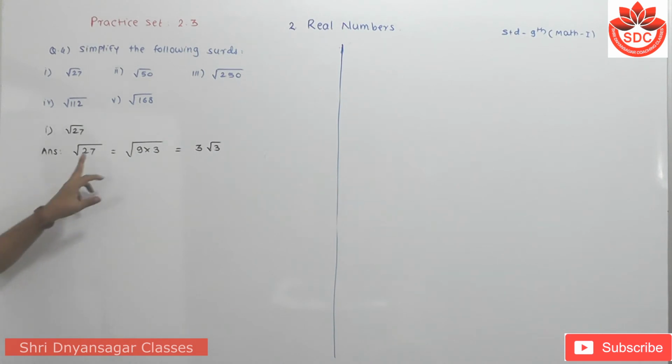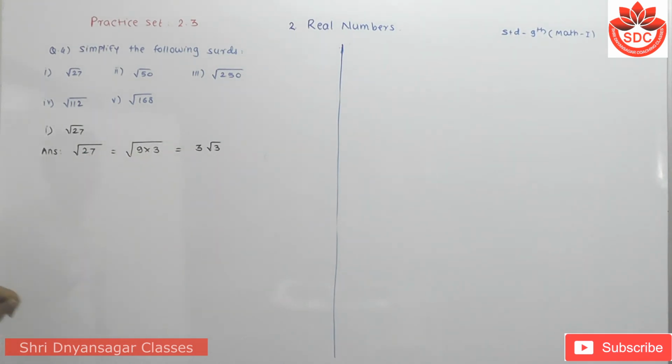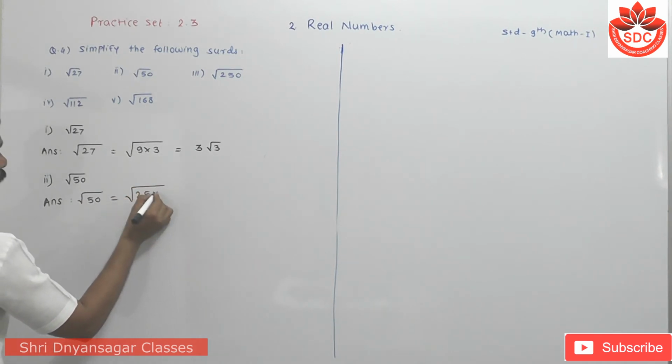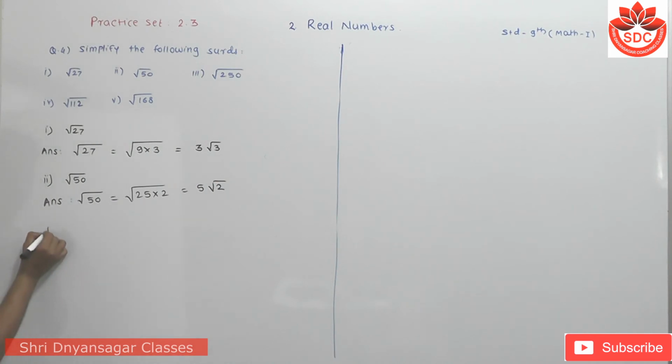This is the simplification of root of 27: 3 root 3. Then the second one is root of 50. Again we have to factorize this 50 such that root of 50 is equal to 25 twos are 50, means 5 root of 2. Then the third one is root of 250.